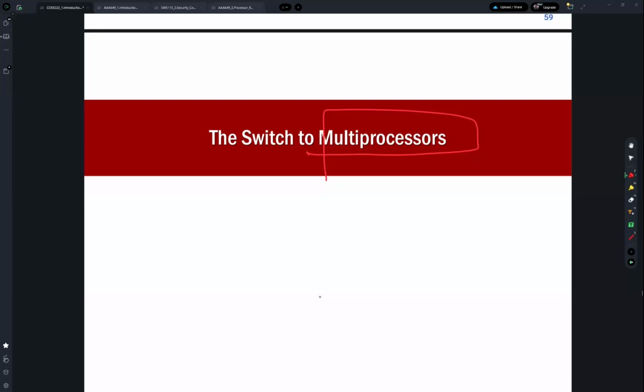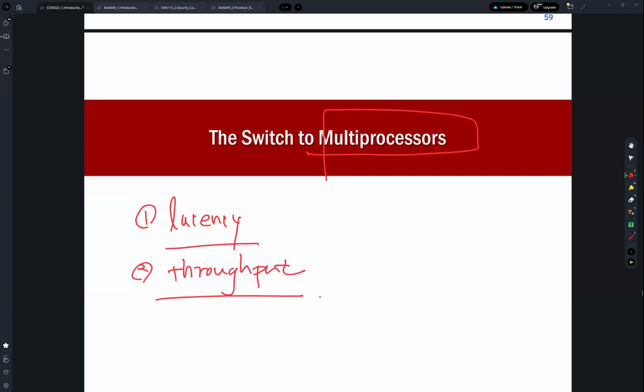The first one, latency, is the response time, and the second is throughput. Actually, for latency, the execution time is the instruction count, CPI, and TC. The hardware cannot reduce the instruction count. It's the software part, like the instructions and architecture, compiler, or algorithm.